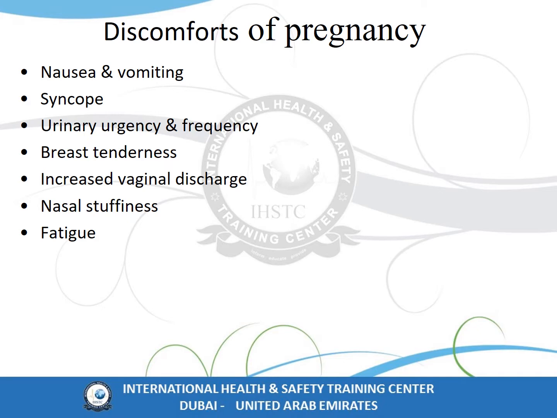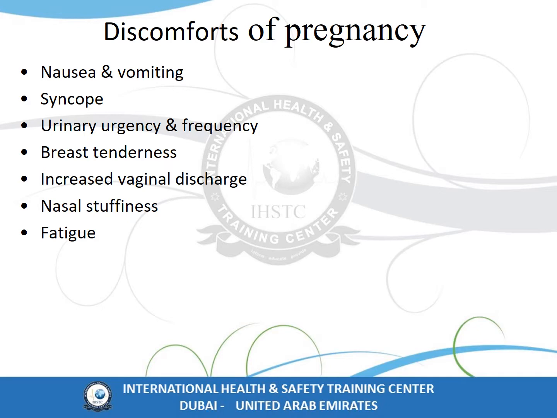Breast tenderness occurs in the first through the third trimesters and is caused by increasing levels of estrogen and progesterone. So the interventions are wearing a supportive bra and avoiding the use of soap on nipples and areola to prevent drying.